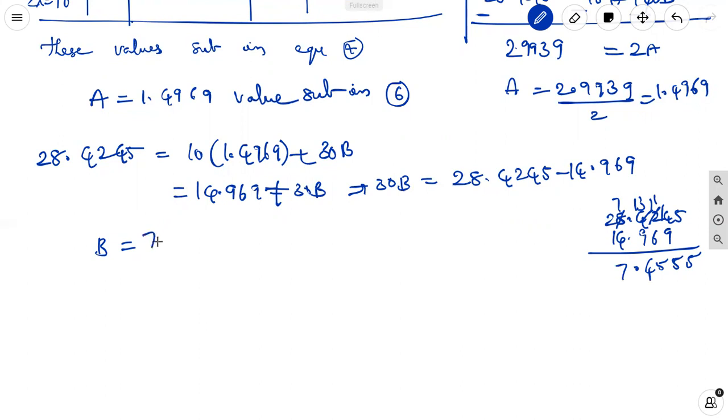So B equal to 28.4245 minus 14.969, which is 13.4555, divided by 30. Dividing with 30, it is 0.4485.